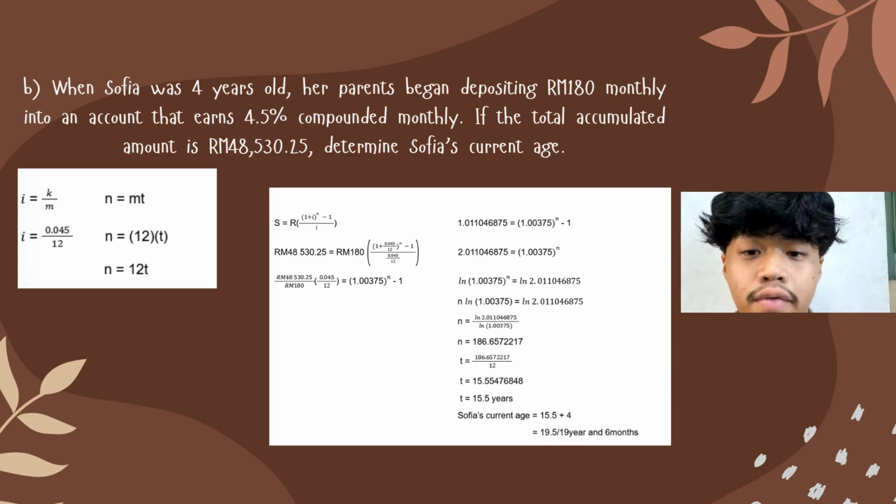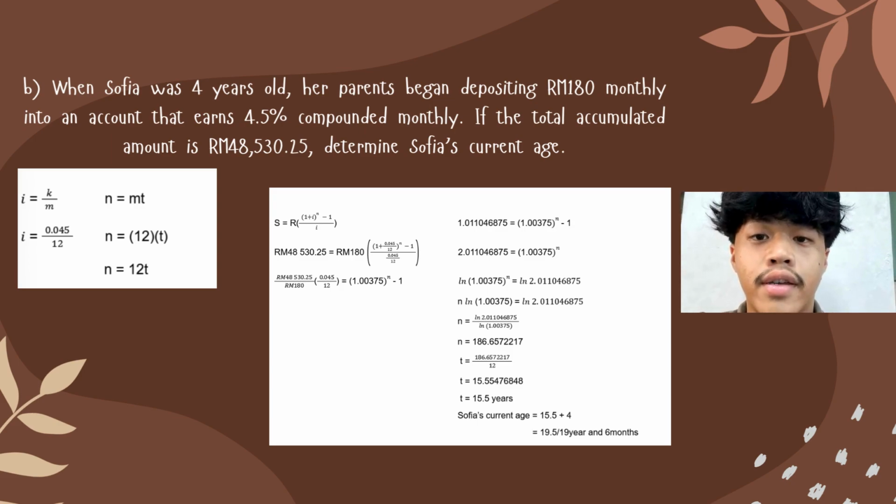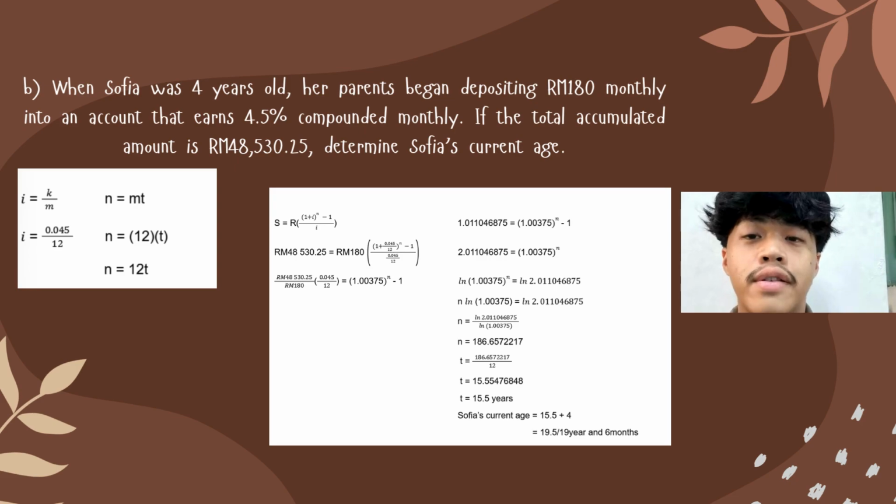For this question, we are going to use the future value, which is S equal to R bracket 1 plus I bracket power of N minus 1 over I. Firstly, find I, which is equal to K over M, which equals 0.045 per 12. The N value is M multiplied by T, but here we are going to find T, so we just put 12T in the formula.